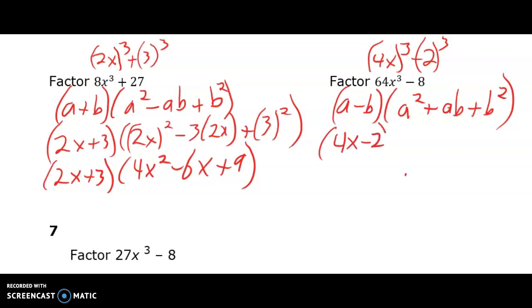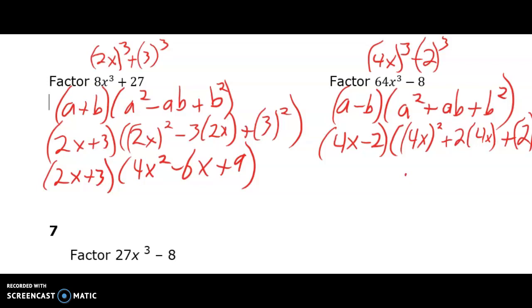4x minus 2. 4x squared. Careful, it's not just 4x squared. You're gonna have to square that 4. So I would suggest writing it down like this. And then we're gonna do plus 2 times 4x plus 2 squared.